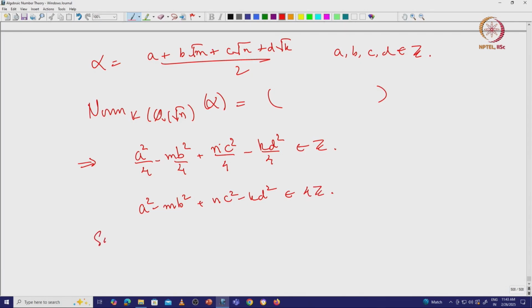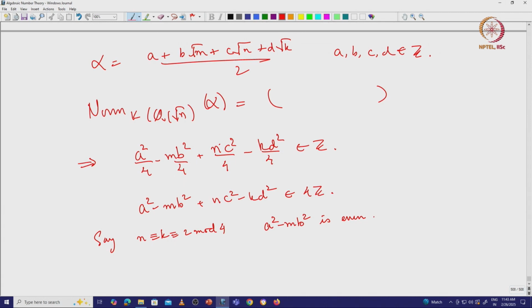So, say n is congruent to k is congruent to 2 mod 4, right. Then this thing will be even, hence a square minus m b square is even, but m is 1 mod 4, right.